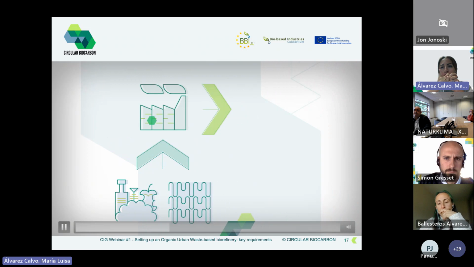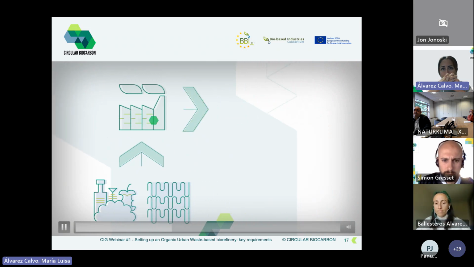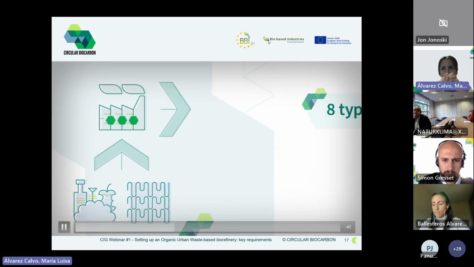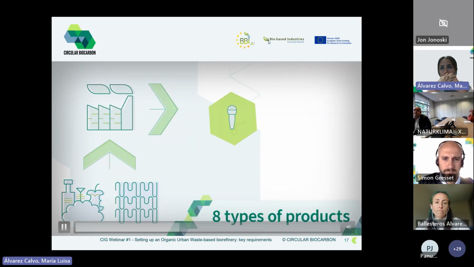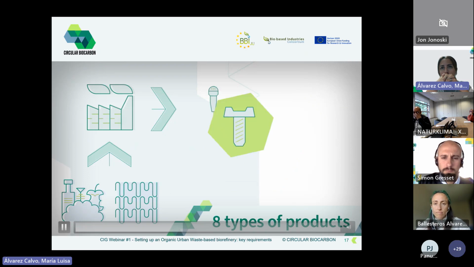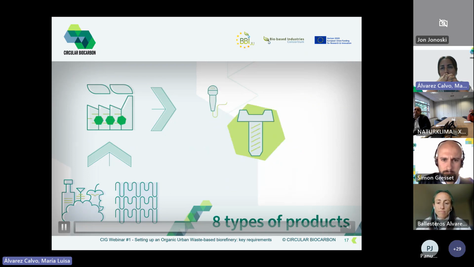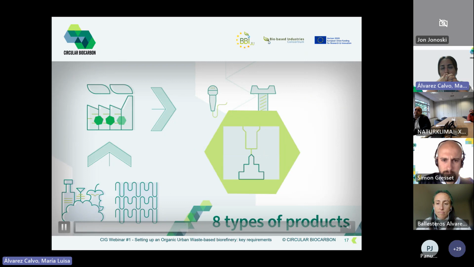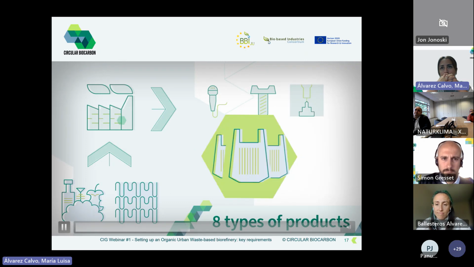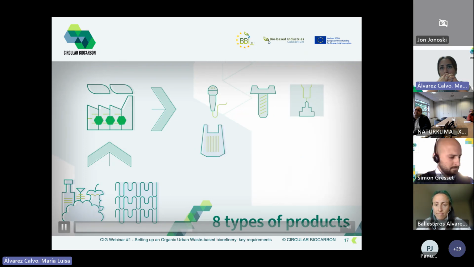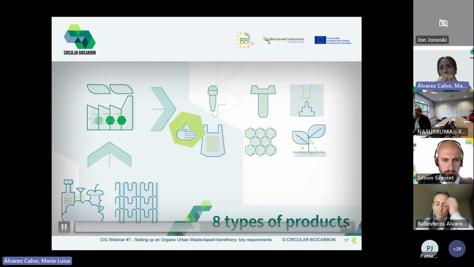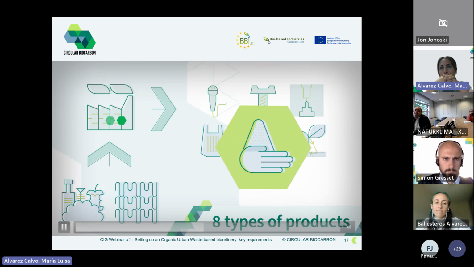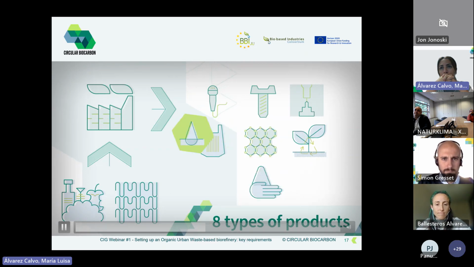Through a pool of cascading technologies, the biorefinery will produce 8 types of products for industries and consumers: coating of direct consumer products, coating of mechanical moving parts, coating of plastic molding tools, biodegradable and compostable waste bags, green graphene-based devices and products, biodegradable in-soil mulch films, solid organomineral fertilizer with biostimulant property, and liquid bio-based biostimulant.